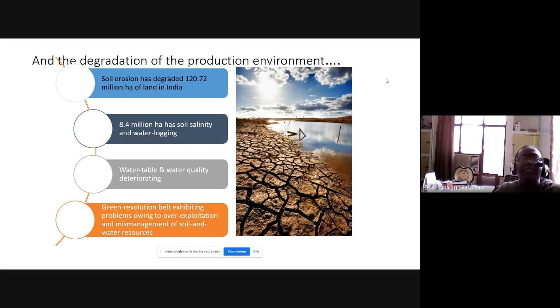Soil erosion has degraded million hectares of land in India. Soil salinity and water logging are also being faced, water table and water quality are deteriorating, and the green revolution belt is exhibiting problems owing to over-exploitation and mismanagement of soil and water resources. That is what I have already told you.